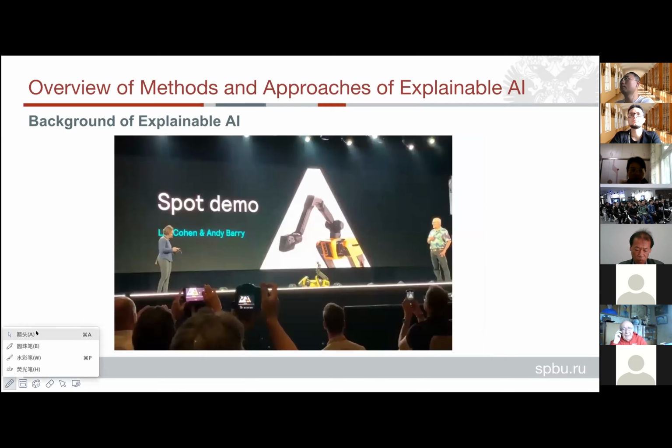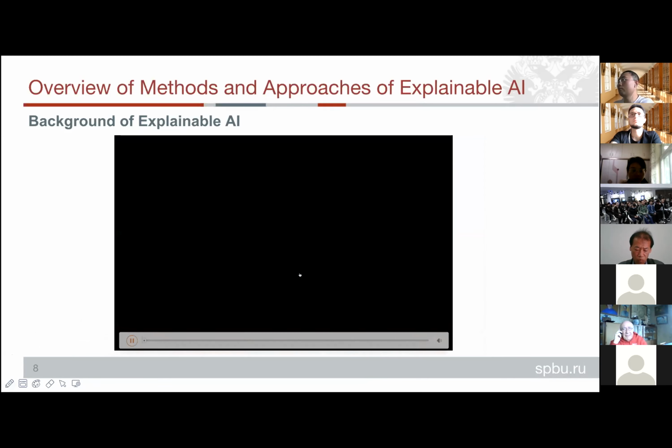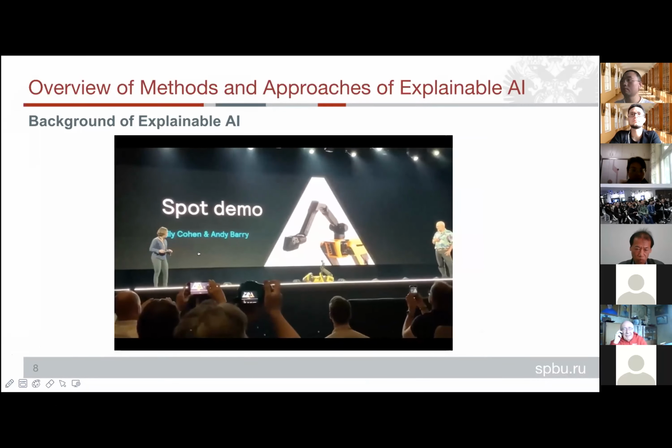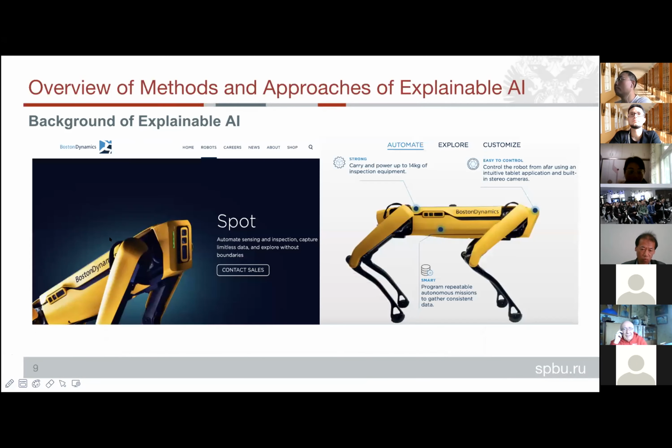Okay, before introducing the meaning of explainable AI, let's watch a video. The robot dog called Spot in this video is an AI product developed and designed by an American company. It will be used in industrial inspections and disaster rescue missions instead of humans in the future. But the technical accident that happened last year made people not believe in the safety of Spot.